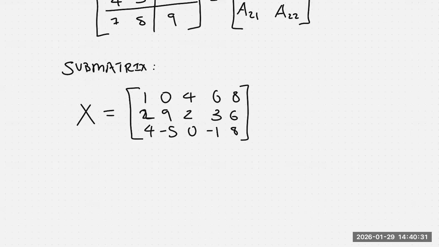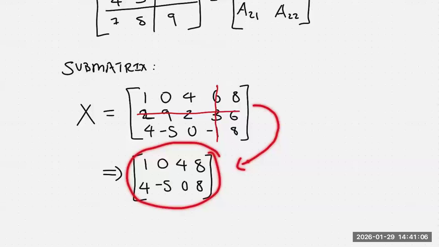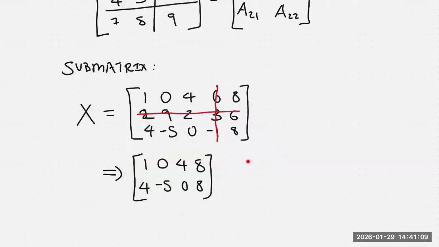So if I were to cross out, let's say, this one here and that one here, we get a submatrix. Look at what is left: 1, 0, 4, 8, 4, negative 5, 0, 8. So this matrix down here is a submatrix of the one up here because it comes from it by crossing out one row and one column.